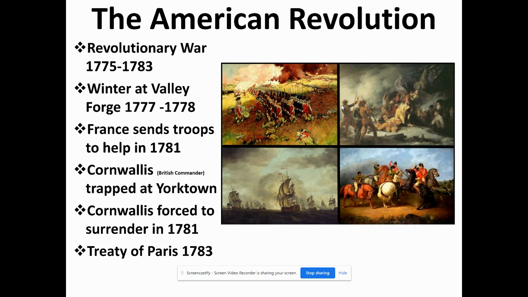And of course, the French will also be with us at Valley Forge, and will help George Washington in the drilling process that takes place to help develop our militias into real fighting military troops.